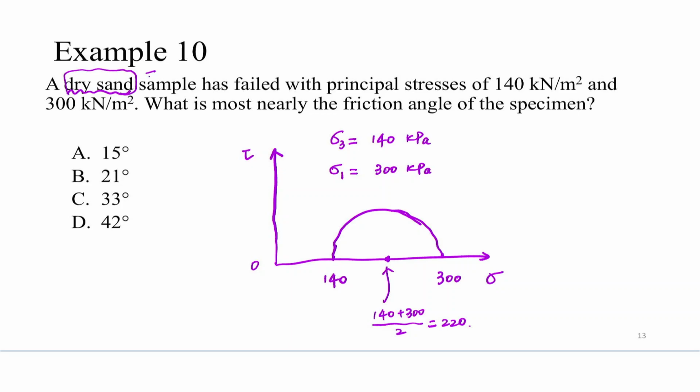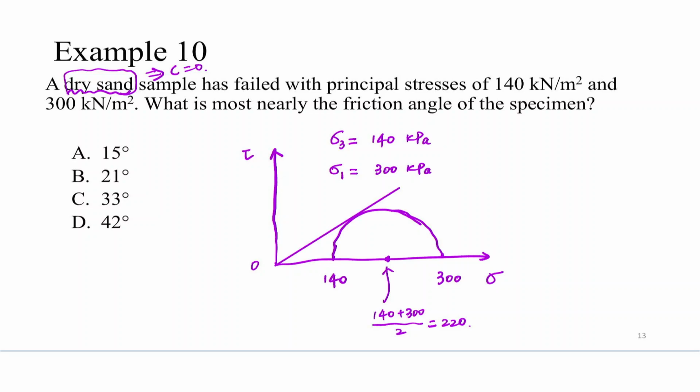And we know that if we're talking about dry sand, we can consider the cohesion to be 0, right? So cohesion 0. If you have a 0 cohesion, then your failure envelope will go through the origin of the coordinate system and also at the same time be tangent to the Mohr circle, right?